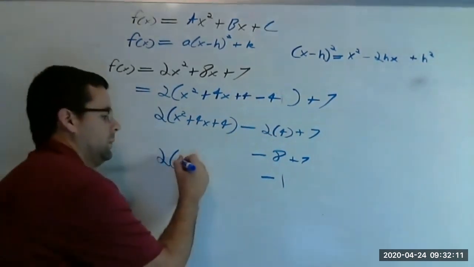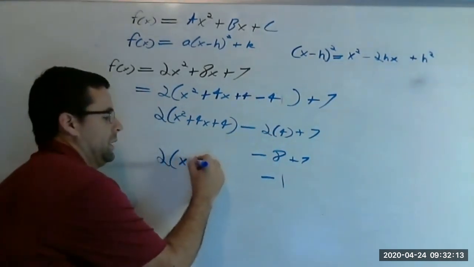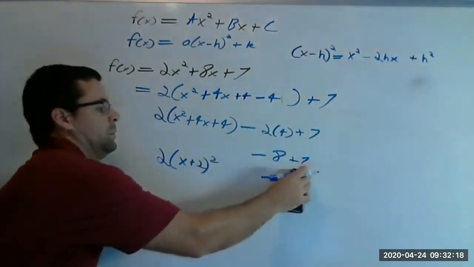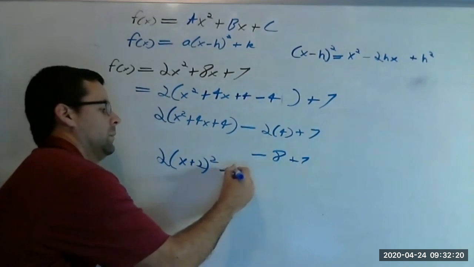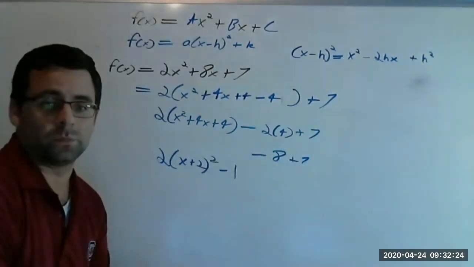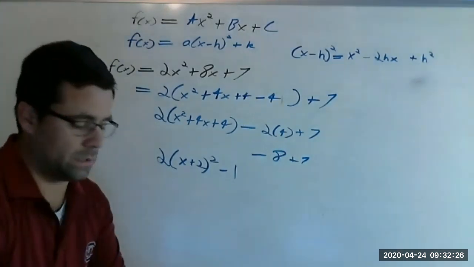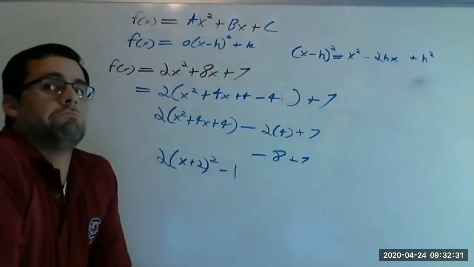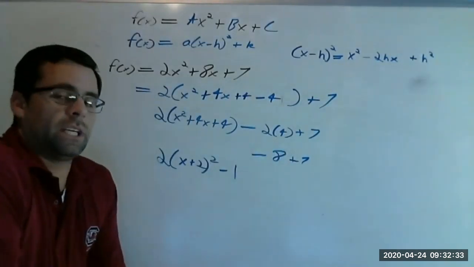So x plus 2. So this is our completing the square. And this is the vertex form.